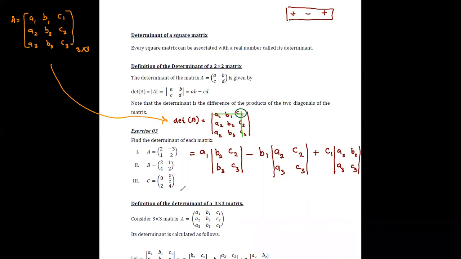Using this pattern, you have to connect these terms into our expression. Then we can perform the calculation. Here we are having A1, then the cross, we have to take the difference of the products of the diagonal elements. Then this would be B2 with C3 minus B3 with C2, minus B1 times A2 with C3 minus A3 with C2, plus C1 times A2 with C3 minus... here there is a mistake.